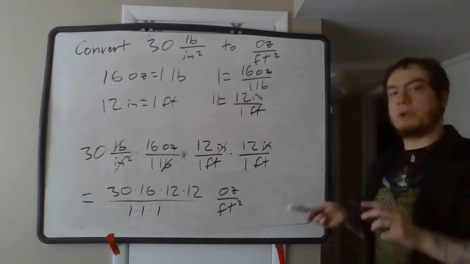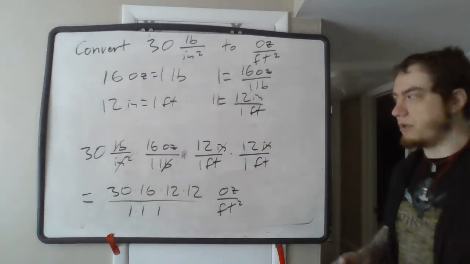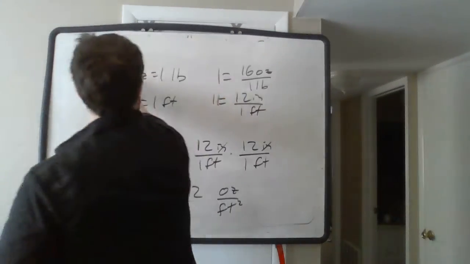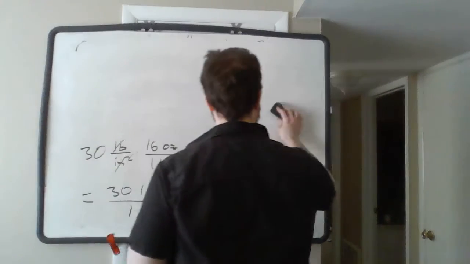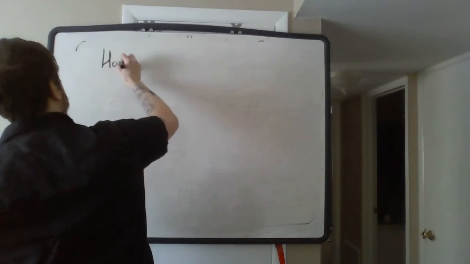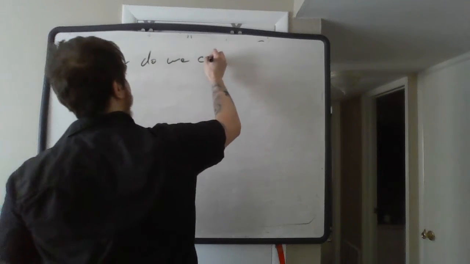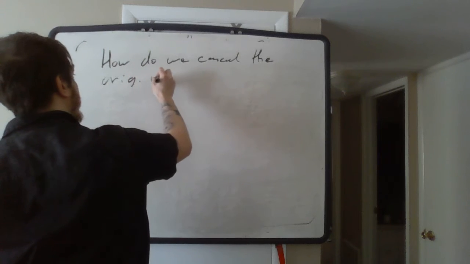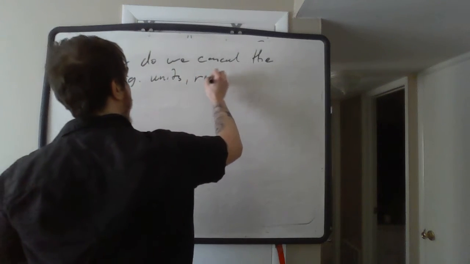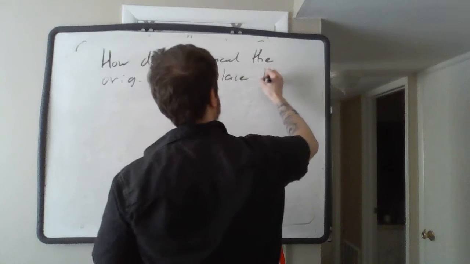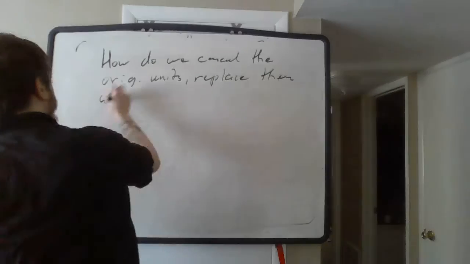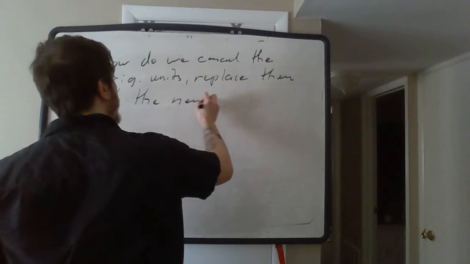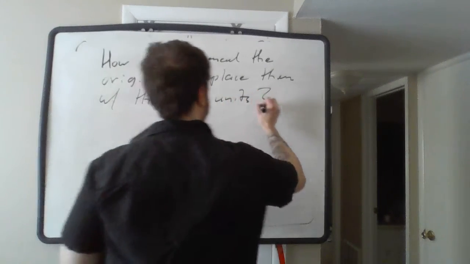So all of these types of conversion problems, they go very similarly. Okay, so let's just very quickly review the basic process of what you want to do. And essentially what it comes down to is this. You ask yourself this question: how do we cancel the original units and replace these original units with the new units that we want to have there?